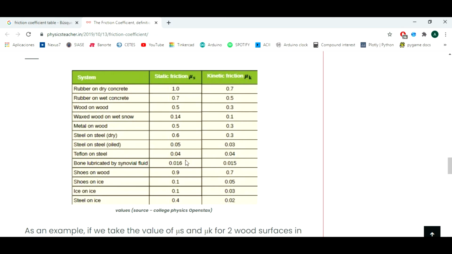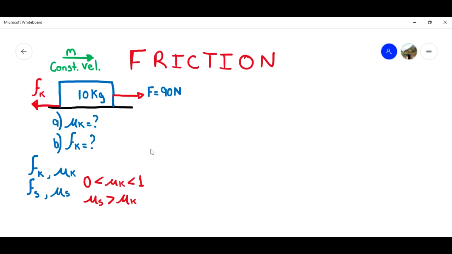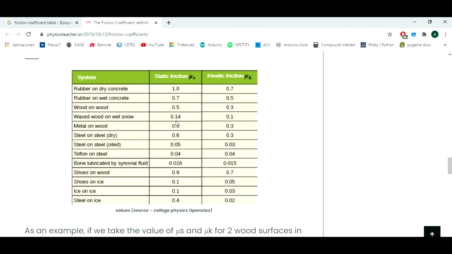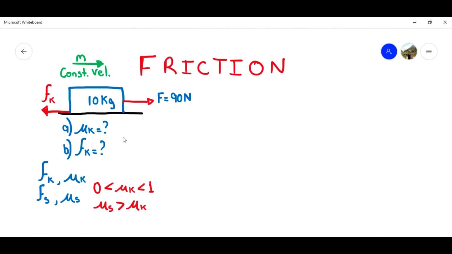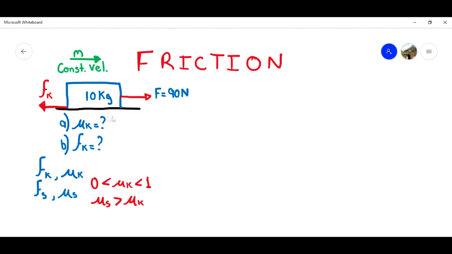So there is a table where we can see those values, and those values are fixed values. And as I mentioned before, this coefficient does not have units. In this case, we don't know the surface and we don't know the material of the block, so that's why we're going to find the coefficient and also the friction force.